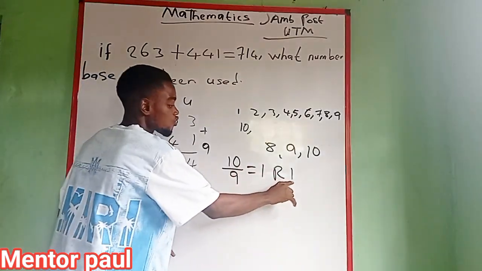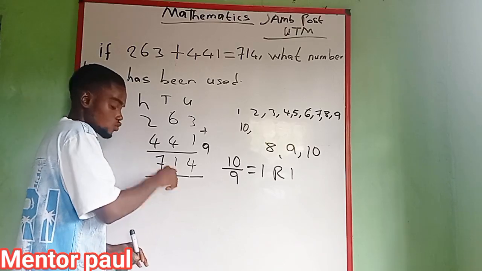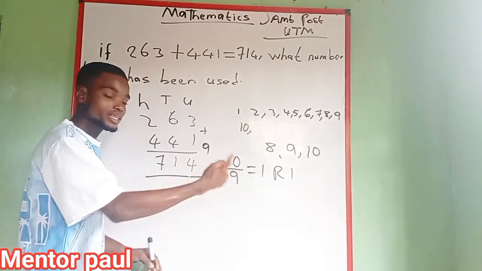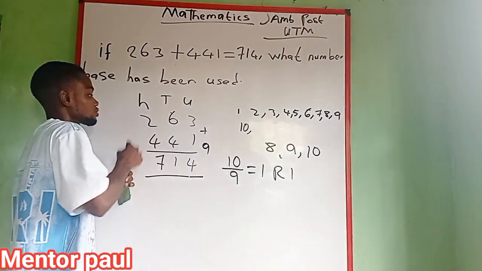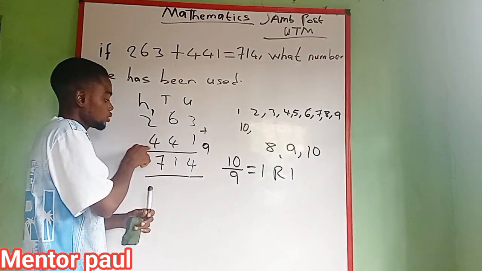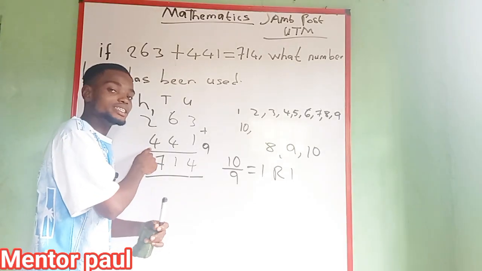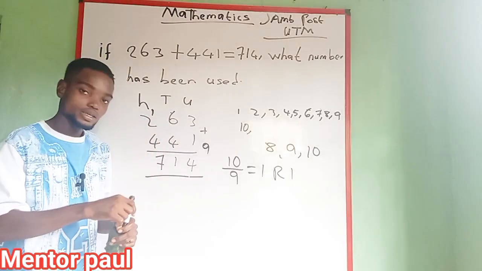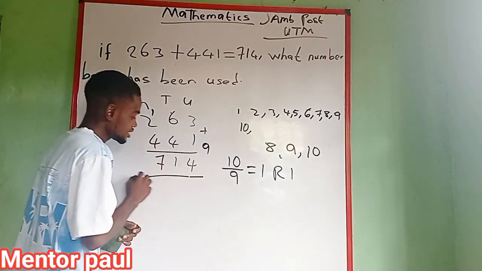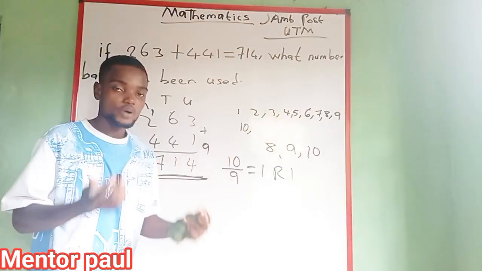So we're going to write remainder 1 here, and this one here, which is the one they shared, we'll carry it up here. And when we carry it up here, it now becomes 2 plus 4 is 6, plus this one is 7. So using base 9, this operation is correct.